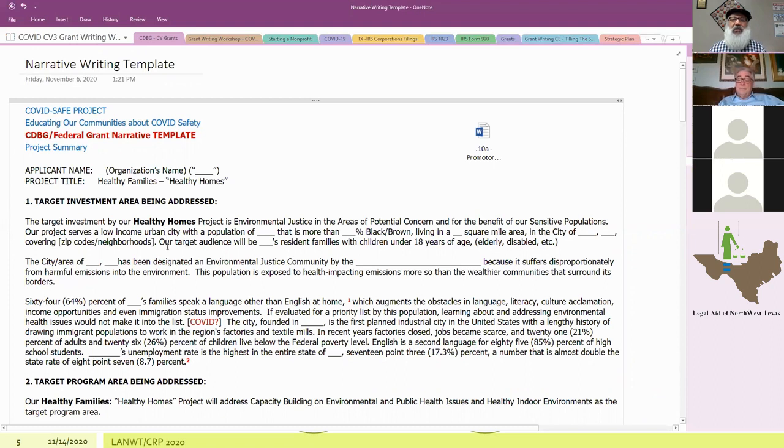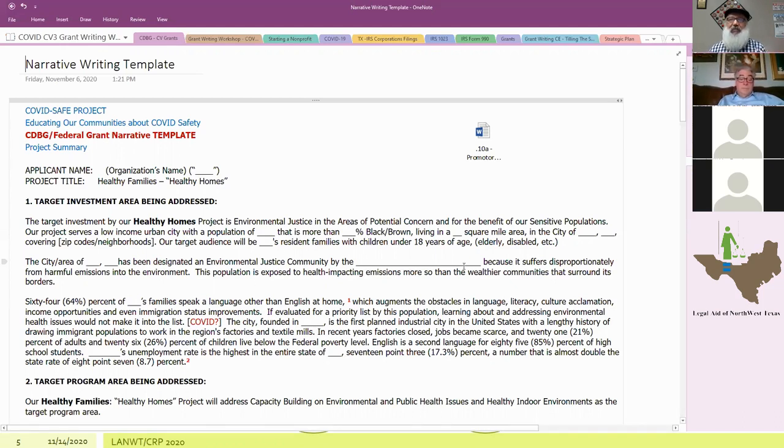This is how CDBG grants were previously set up, where you put in all of your information about the percentages of people that you're serving, where you're doing it, what city, what zip codes, all of that used to be done sort of like in a narrative. But the way that they're asking the questions now, as you heard with Nancy, they are asking, in this particular case, 20 specific questions. Well, if you take those 20 specific questions and you put them in here, then you have a narrative that you could use for other grants that you might want to apply for, because you're answering questions that are relevant.